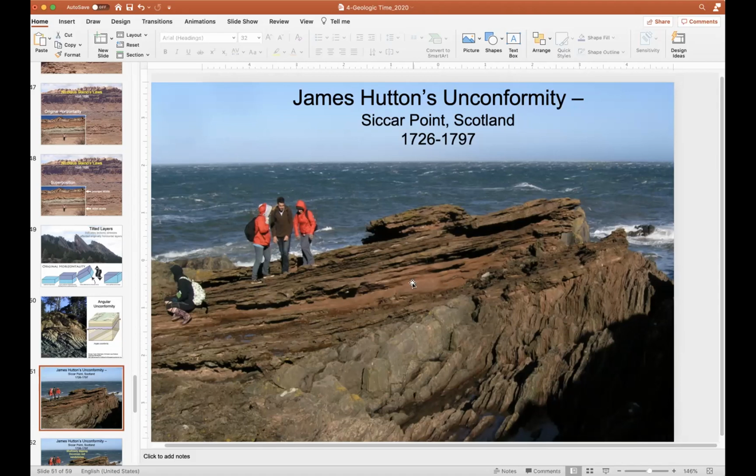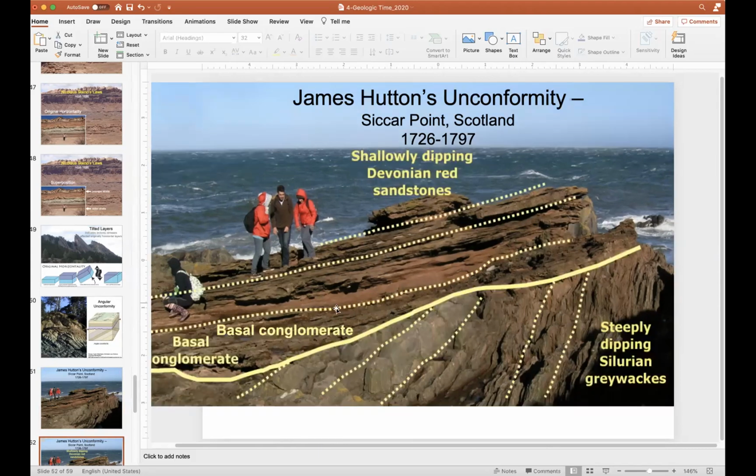And then these layers were laid down, and then the whole package was tilted, actually. Again, because these aren't exactly horizontal, are they? In this diagram, the beds are graywackes, a dirty sandstone with other stuff besides quartz grains in there. Then this other sedimentary unit has a basal conglomerate.